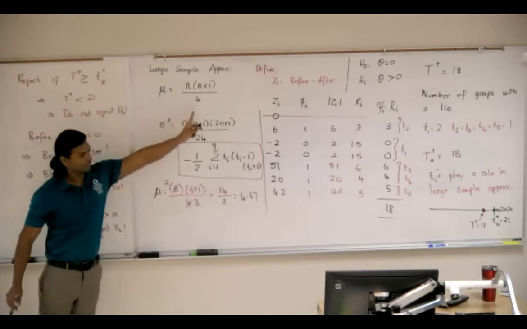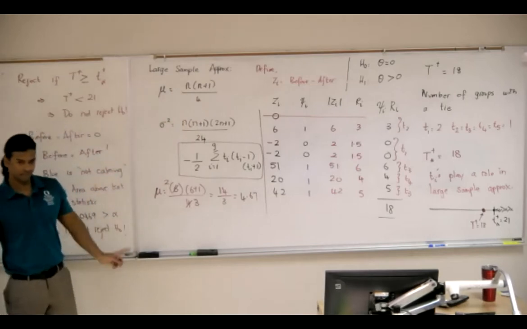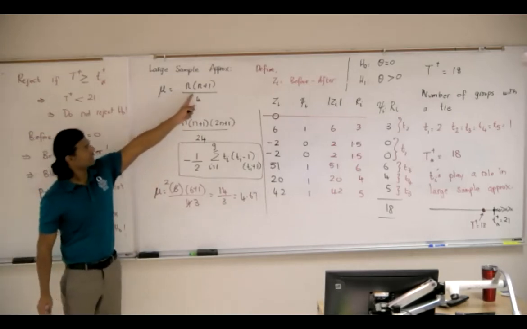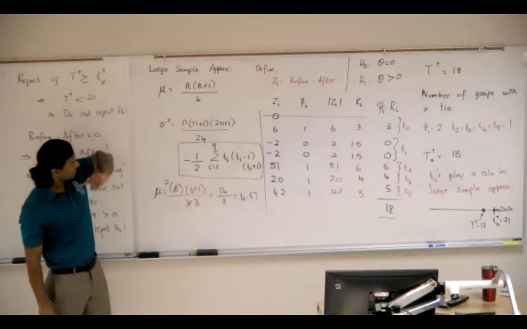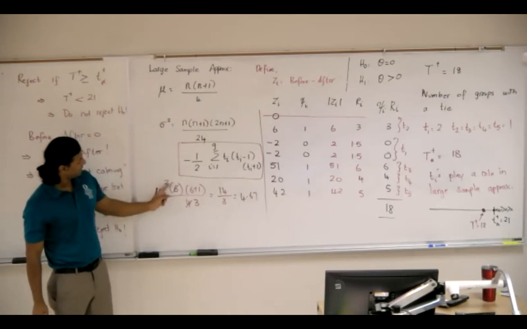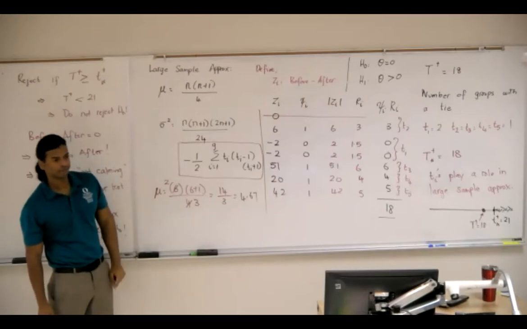All I did is I plugged in n equal to 6 in the formula: 6 times 6 plus 1 over 4. 6 plus 1 is 7. Good.